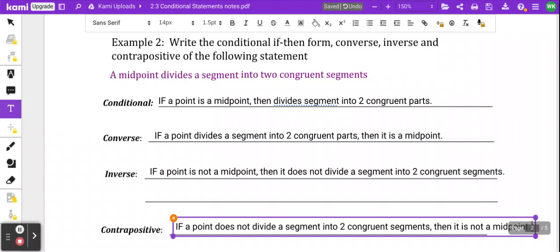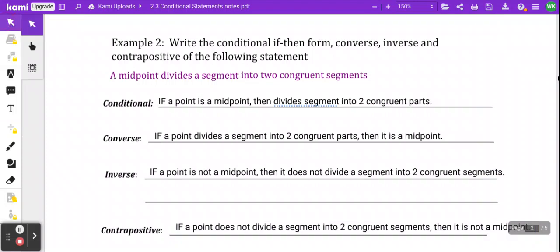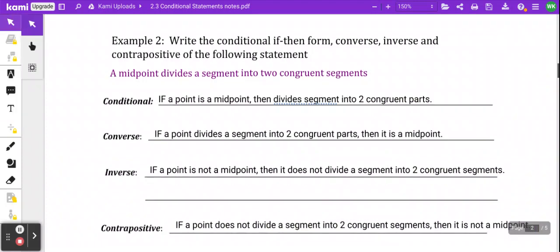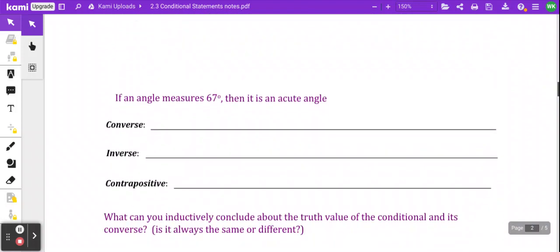And I think finally we will practice one more example. The last example is another geometry statement. The sentence I have for you is, if an angle measures 67 degrees, then it is an acute angle. And by the way, is this statement true or false? What do you think? The answer is this statement is true.